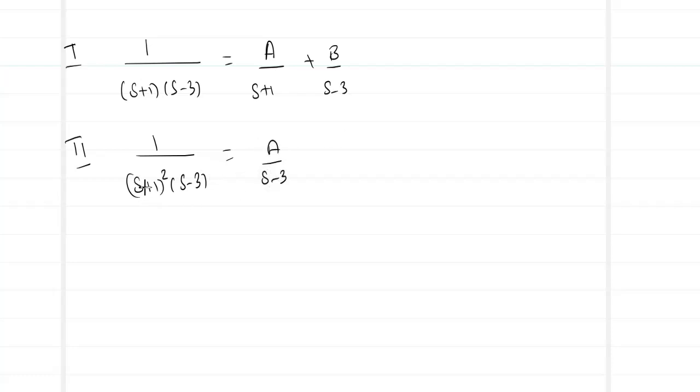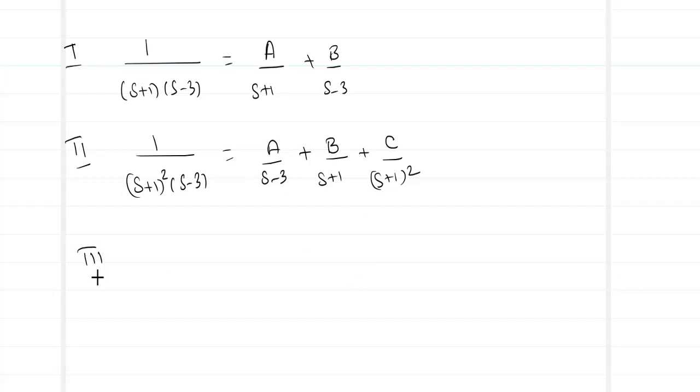But what happens here? s plus 1 repeats itself 2 times, in which case you give one constant b for your s plus 1 and one more constant c for your s plus 1 the whole square. So whenever we have repeated factors, give one constant for each of the repeating factor. This is our type 2.